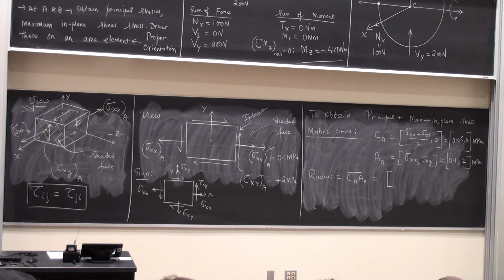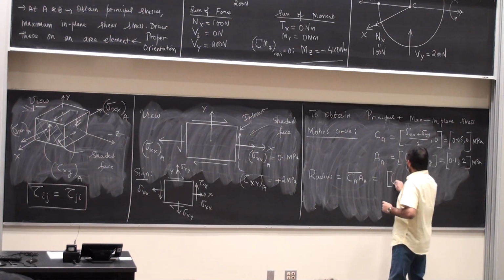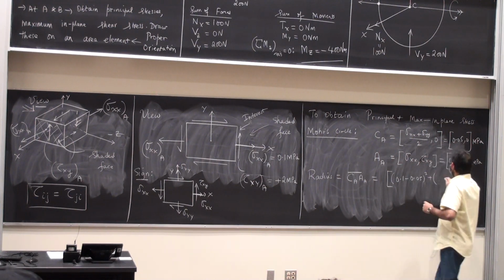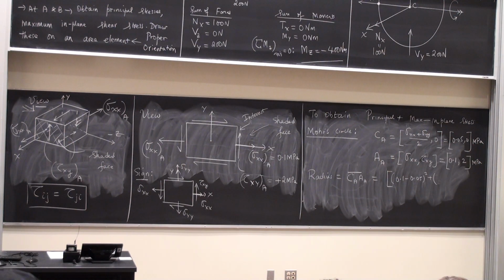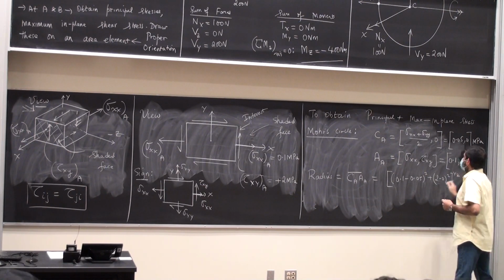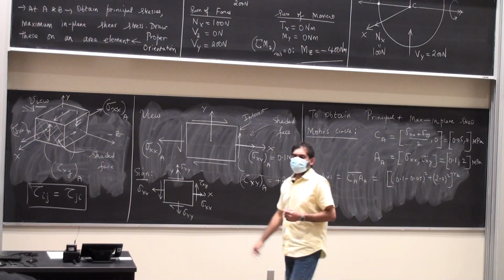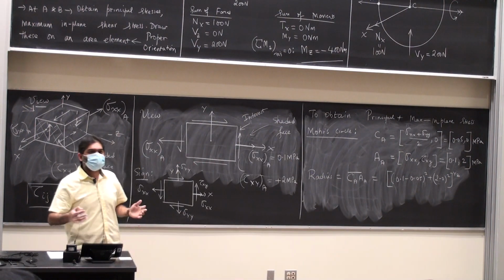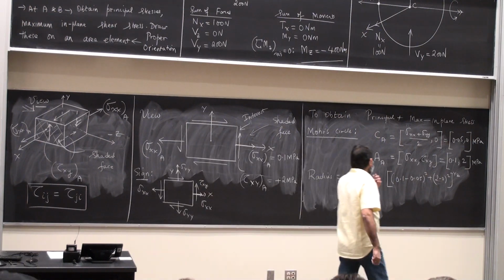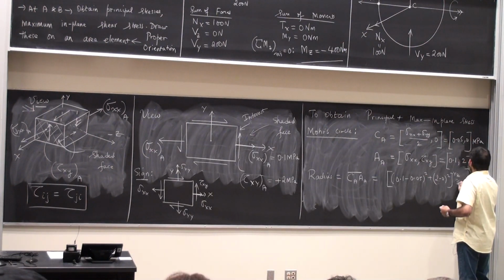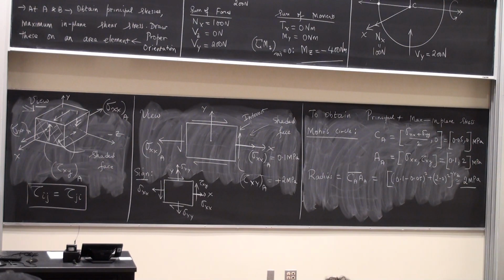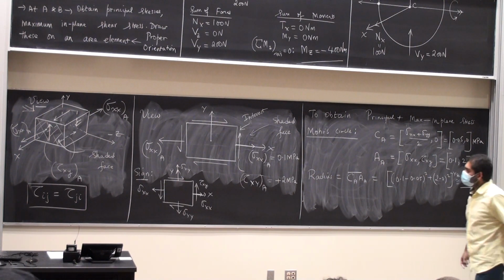So it's going to be (0.1 minus 0.05) squared plus (2 minus 0) squared, all to the power 1 by 2. 0.1 minus 0.05 is 0.05. 0.05 squared plus 2 squared is essentially 2 squared. So this is approximately going to be equal to 2 megapascals. Maybe 2.03 or something like that.